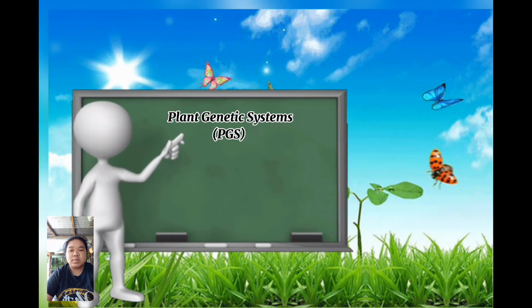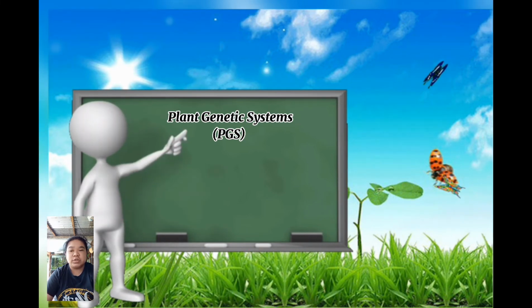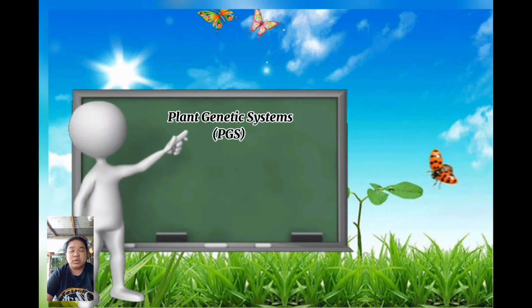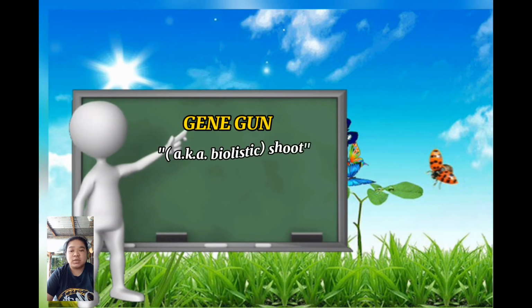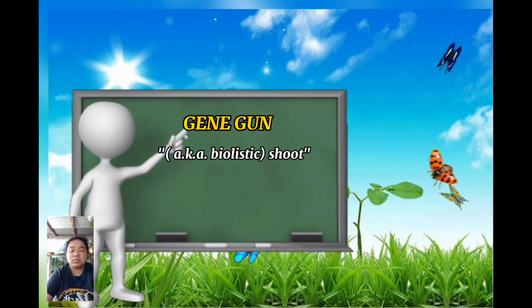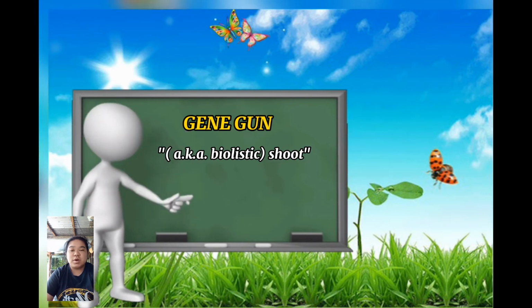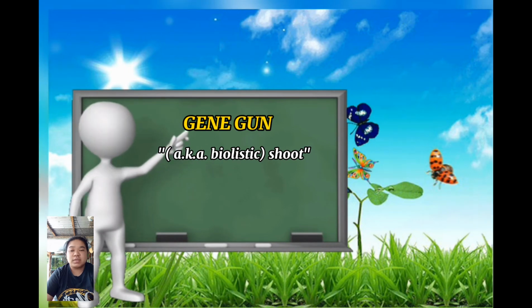Genetically engineered crops have genes added or removed using genetic engineering techniques, originally including the gene gun, also known as biolistics, which shoots high-energy particles or radiation directly against target genes into plant cells.